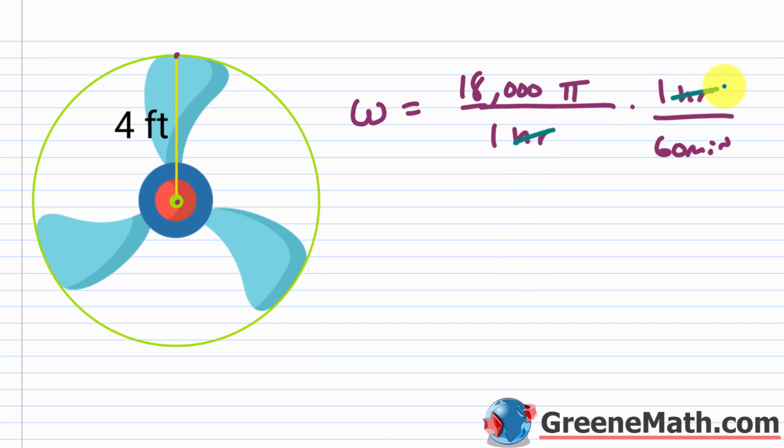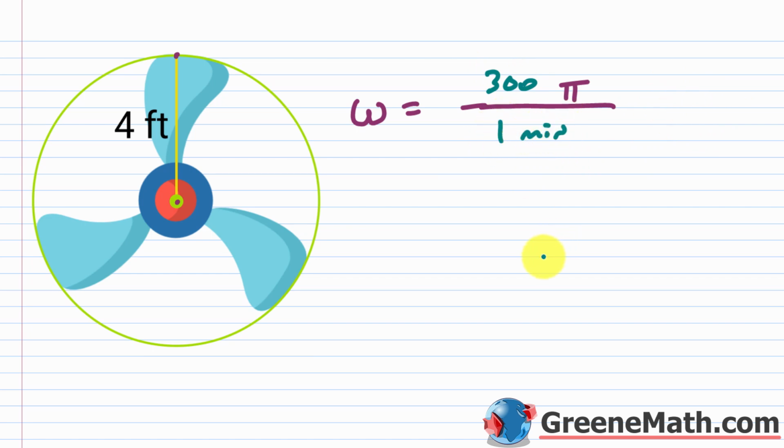And so this is going to cancel here. And so really you just do this on your calculator, 18,000 divided by 60, and that's going to give you 300. So let's say this is 300 pi over 1 minute. So basically this is 300 pi radians per minute. So you could put that over here like this and say this is 300 pi radians per minute.